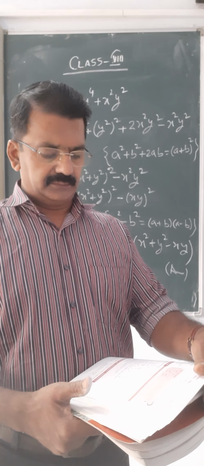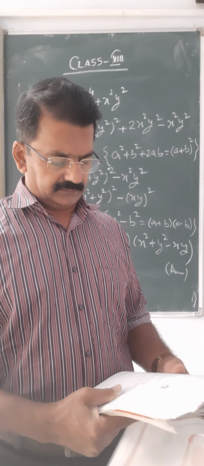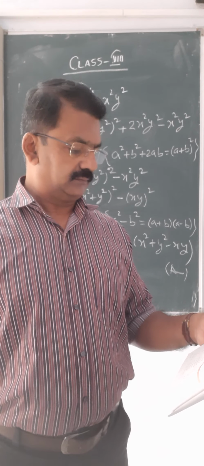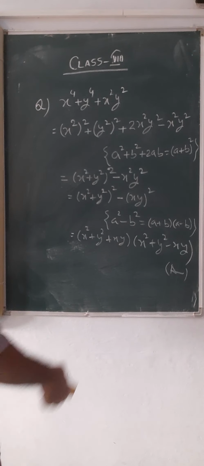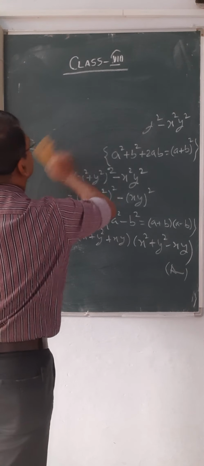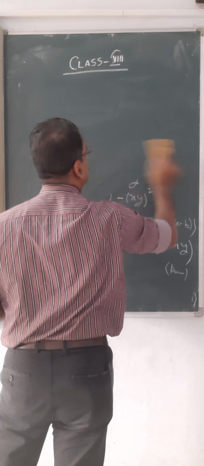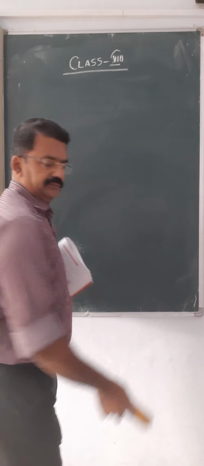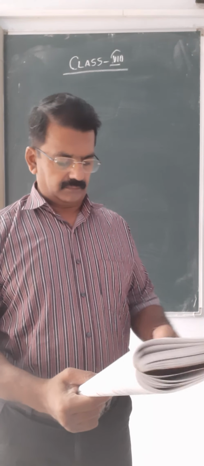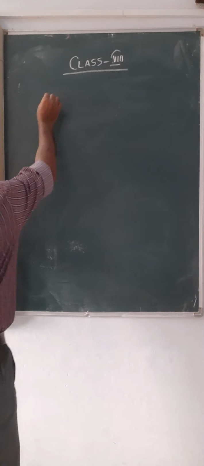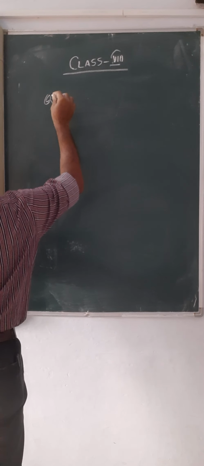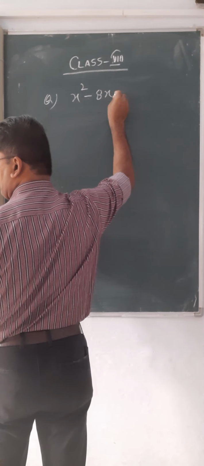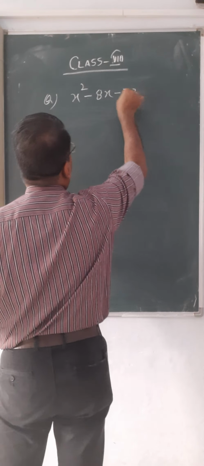Now the next question. Next question is x square minus 8x minus 33.